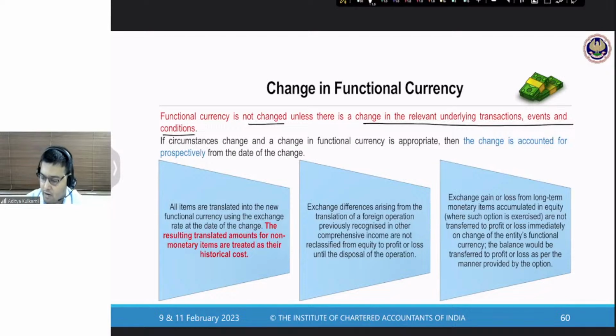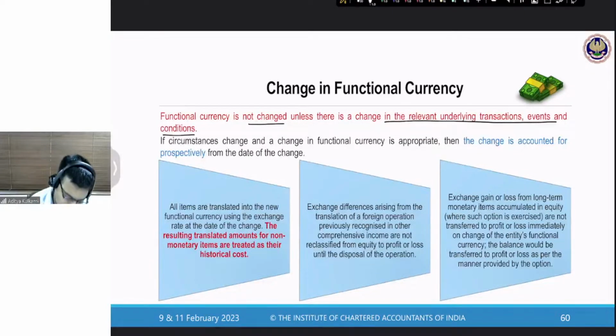Events and conditions. If circumstances change and a change in functional currency is appropriate, then the change will be accounted for prospectively. So all items are translated into the new functional currency using the exchange rate at the date of change.